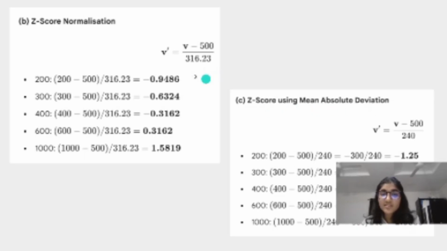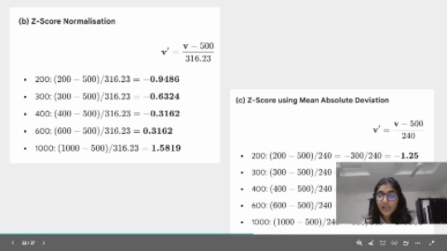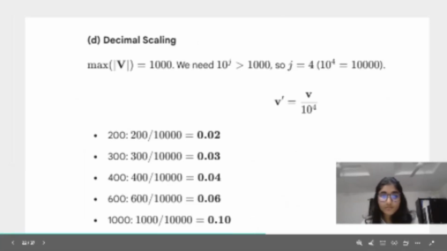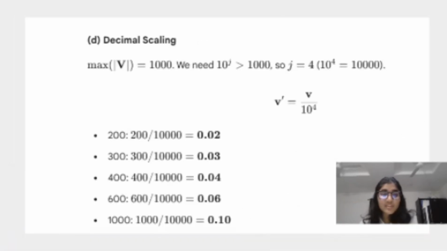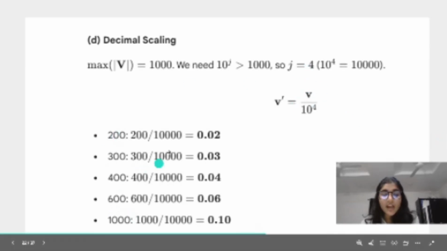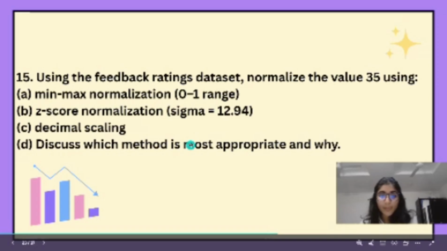In place of sigma, we will use mean absolute deviation, that is 240, and in place of V we will put these values and calculate the z-score. Then decimal scaling. So we will use the formula with max of V, then we will put in V and calculate the values.